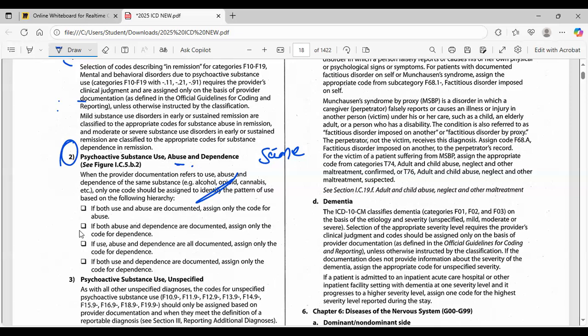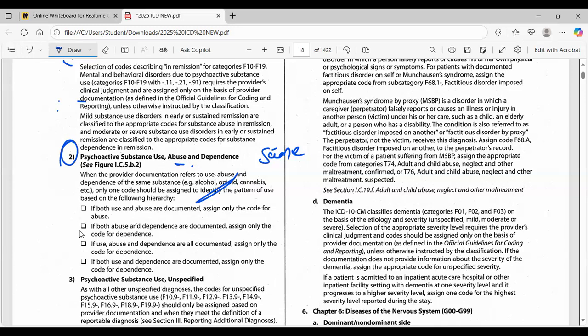So the simple thing is, if for the same drug the patient is using and abusing that drug, we have to code the abuse only. If the patient has a dependence as well as abuse, we have to code the dependence only. If use, abuse, and dependence all three are mentioned, in that case we have to code the dependence only.